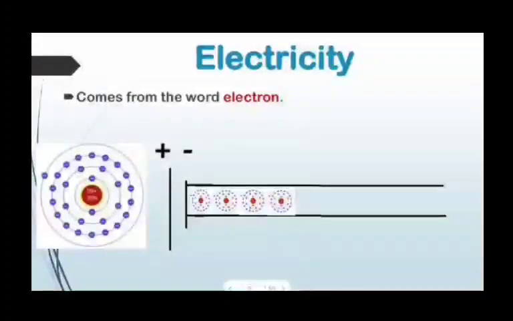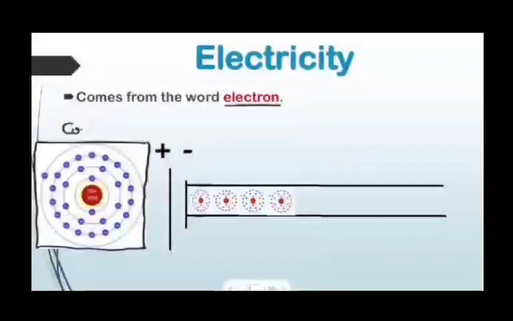So what exactly happens? As I just spoke, electricity comes from the word electron. Here, children, this is a copper atom, the symbol is Cu. It has 29 protons. The first shell, which is closest to the nucleus, will always carry 2 electrons.